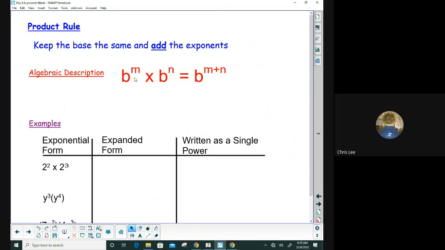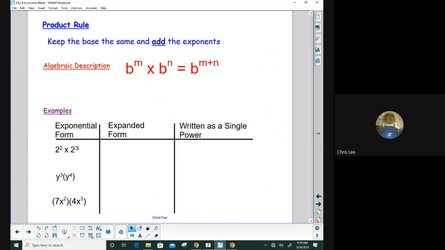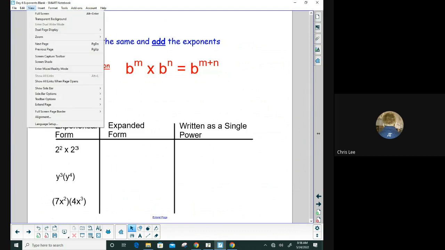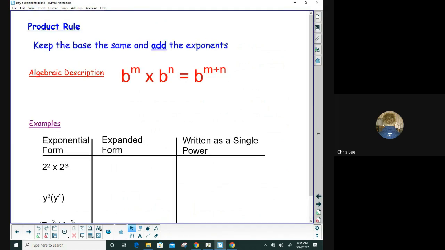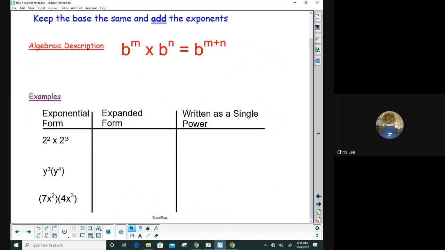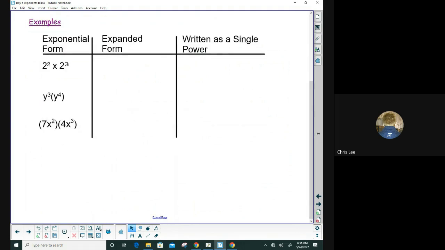So let's see a couple of examples of this. The first one that we discovered when we were doing the Desmos activity was this idea. 2 to the power of 2 times 2 to the power of 3.